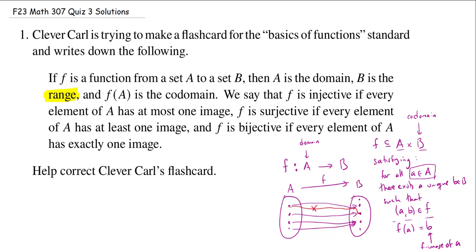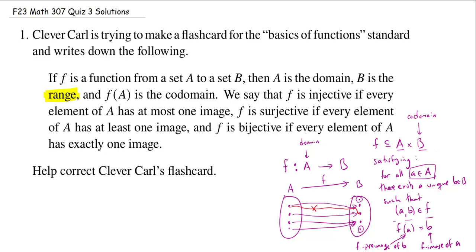But note, even in this picture, I have arrows coming out of all my dots, but there are some dots, like that dot there and even this dot there, that aren't the image of anything. And that's okay. We're allowed to do that. The definition doesn't require that every element of B have what we would call a preimage. So this little a here is the f-preimage of little b. We don't require that every element of B has a preimage.